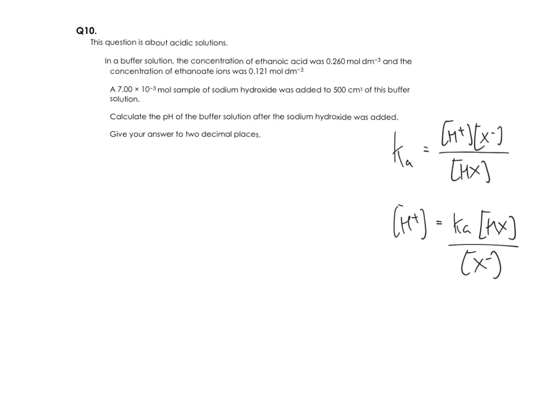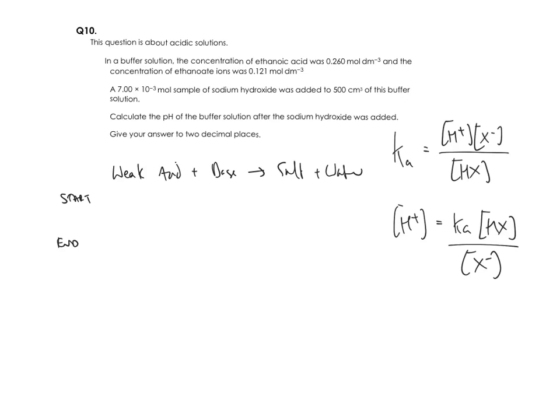So in this question, I always lay out my answer as weak acid plus base makes salt plus water. And we write out what we have at the start, and then write out what we have at the end.